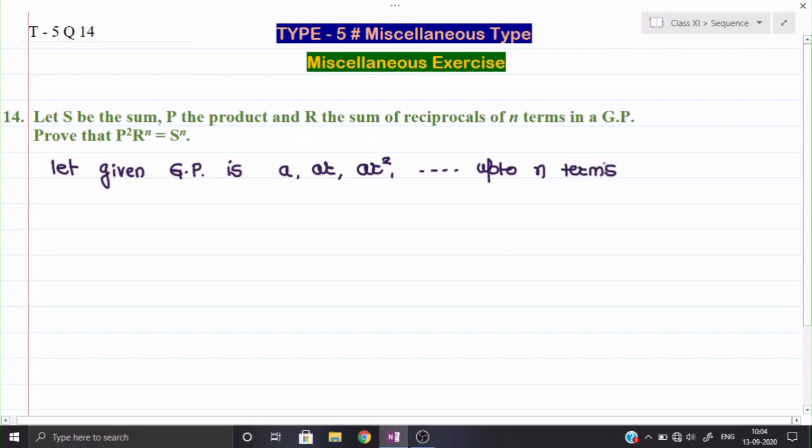So it will be clear what the values of n, a and r are. Now we can say that capital S, the sum, will be a into the bracket r to the power n minus 1 upon r minus 1. As I told you, r is unknown, so I am applying the condition r is more than 1. So this is the value of S over here.